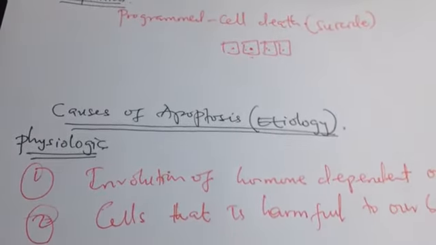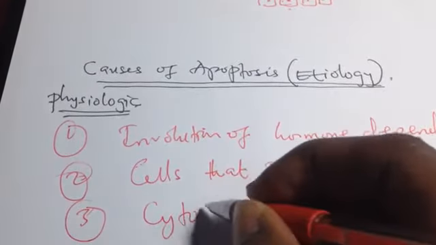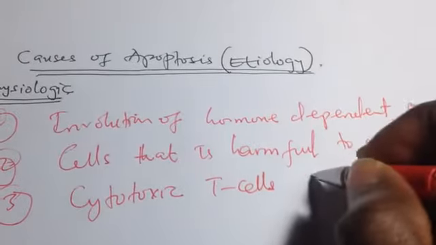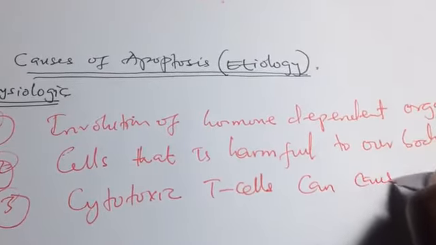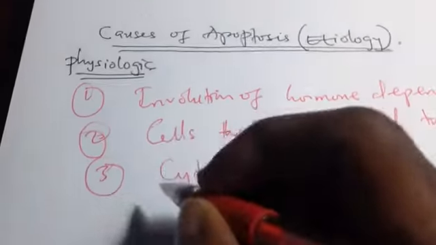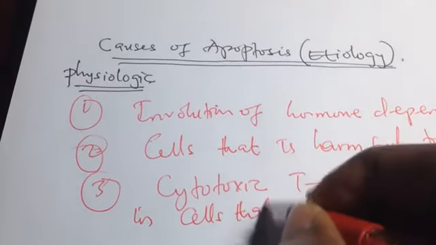Also, number 3, as we already know, we have cytotoxic T cells that can cause apoptosis in cells that are infected by virus.